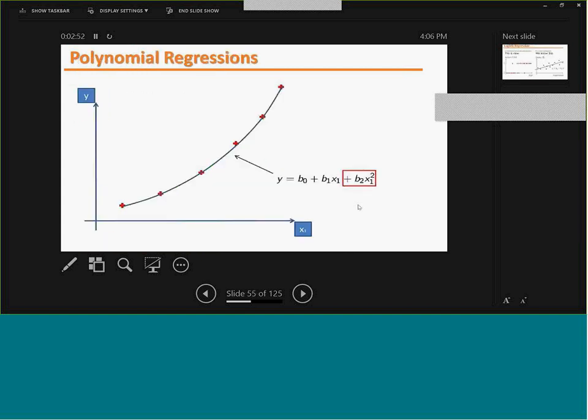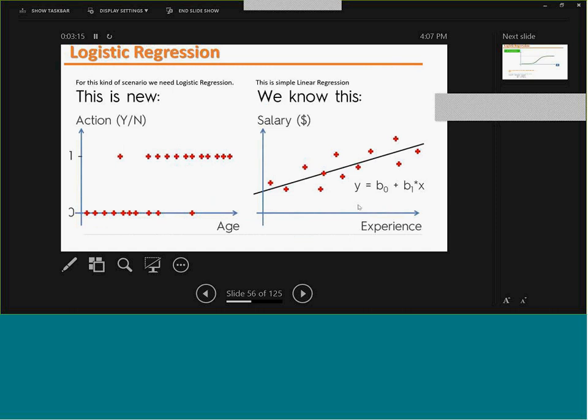And in case you have a curve in the data, it becomes polynomial regression, and the typical mathematical formula for that is y equals b0 plus b1 x1 plus b2 x1 squared. That x1 squared gives the curve to this graph, and that's why we call it polynomial regression. This is what we have seen so far.